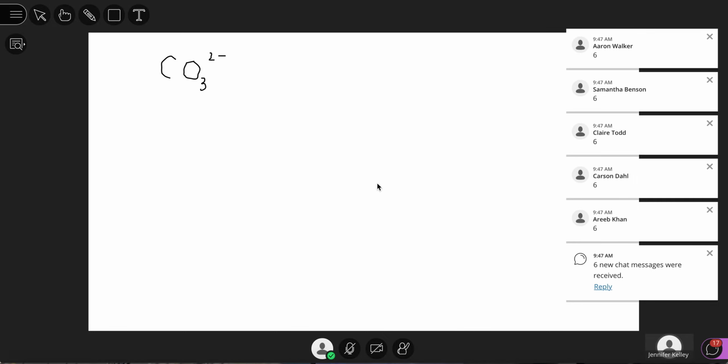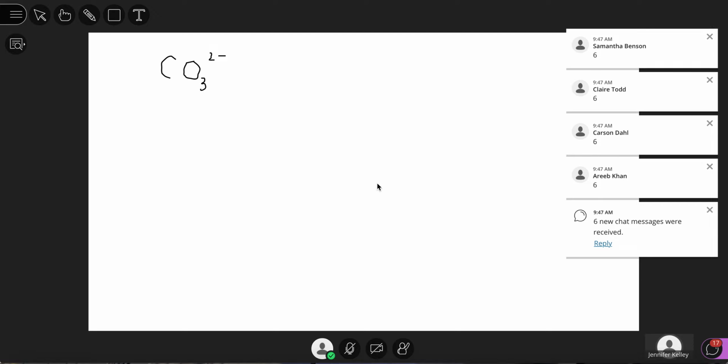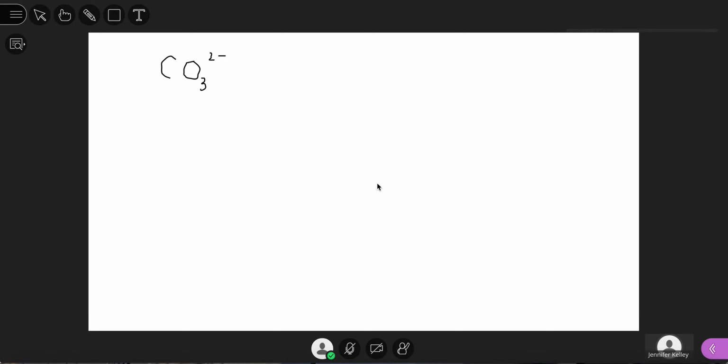And oxygen is in group 6A, so how many does it have? 6, yep. So that's going to be 6 times 3, because we have 3 oxygen, plus the charge. If you look here, the charge is 2 minus.